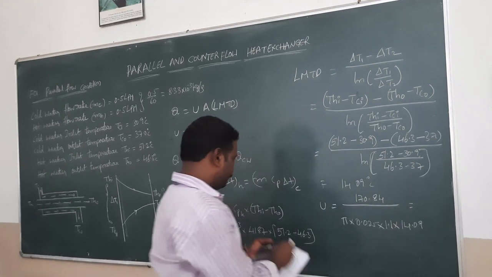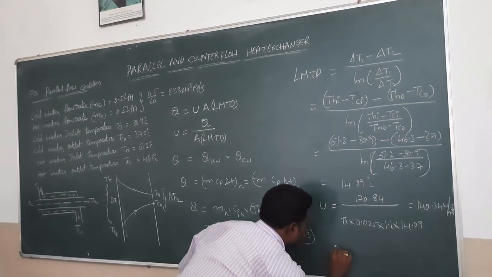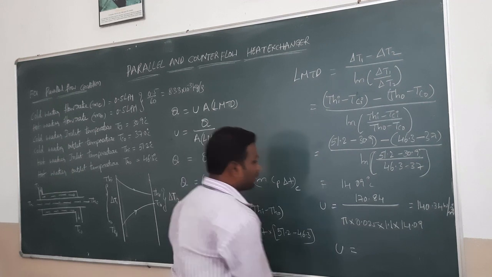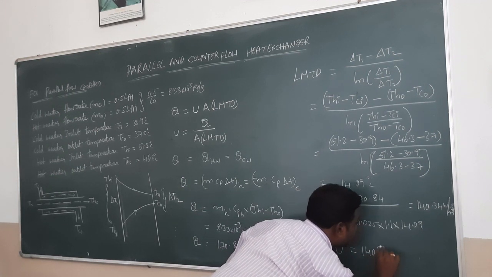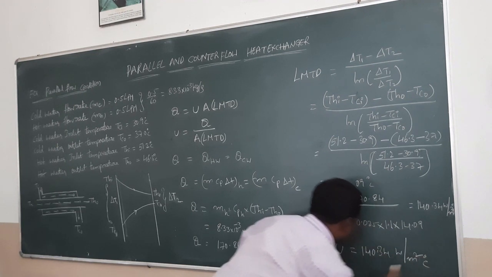Calculate this value. The overall heat transfer coefficient in the parallel flow heat exchanger is 140.34 watt per meter square degree centigrade.